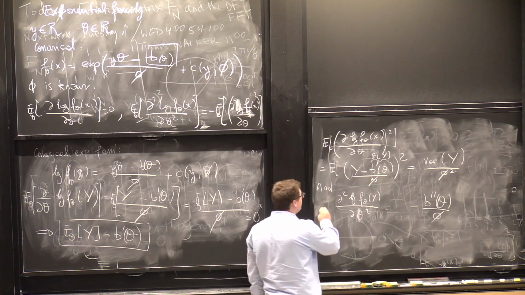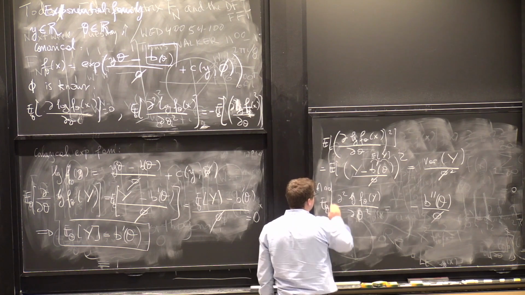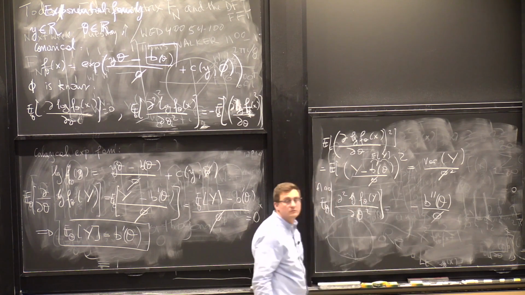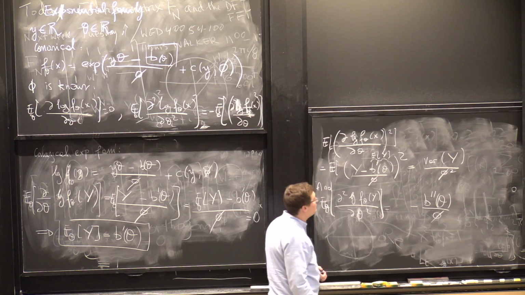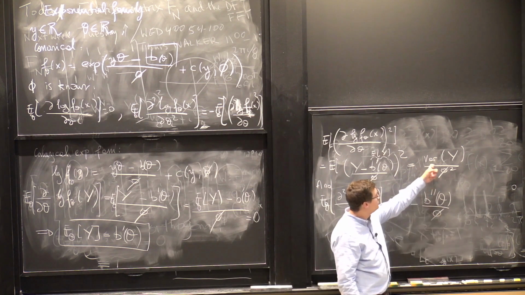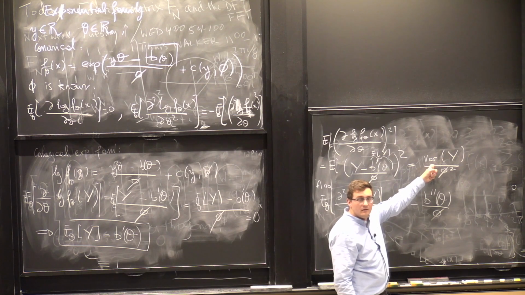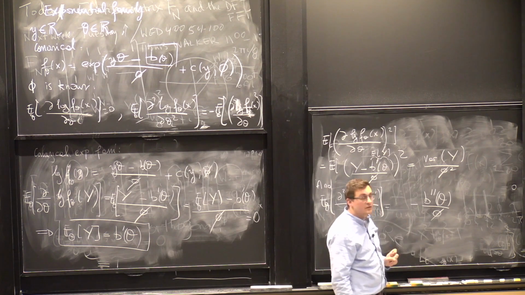If I take expectation, it just doesn't change. This is deterministic. So now what I've established is that this guy is equal to negative this guy, so the signs are going to go away.